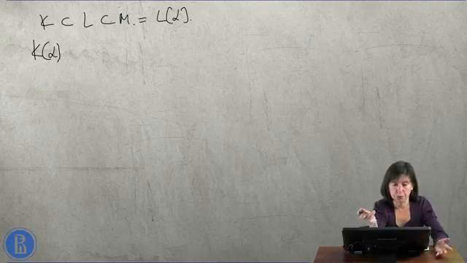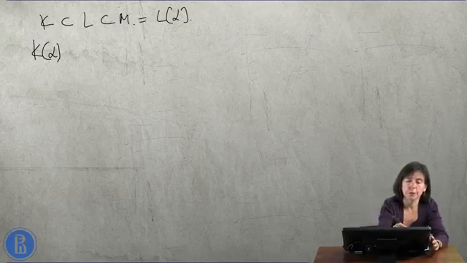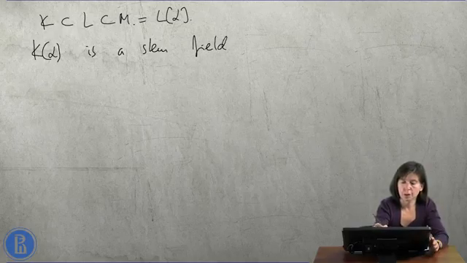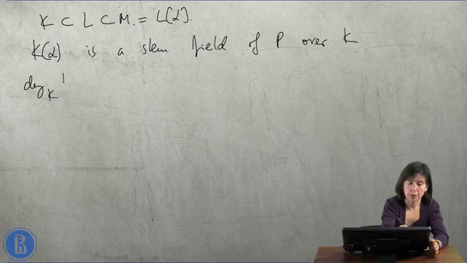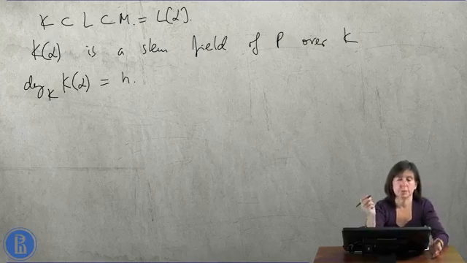Well, alpha is a root of Q, so it's a root of P. K(alpha) is a stem field of P over K. So its degree over K is equal to n, the degree of P.